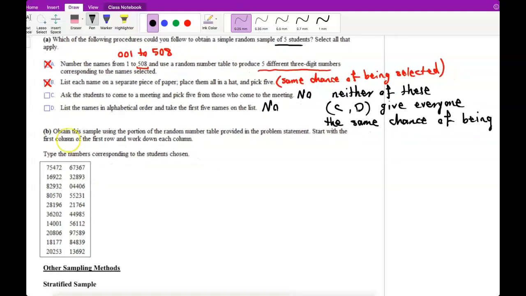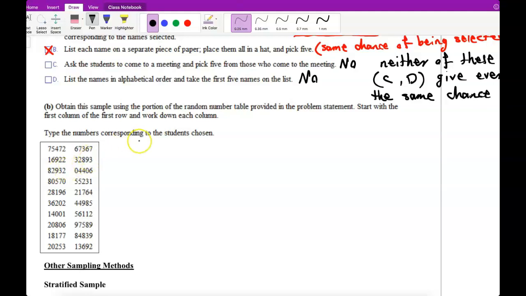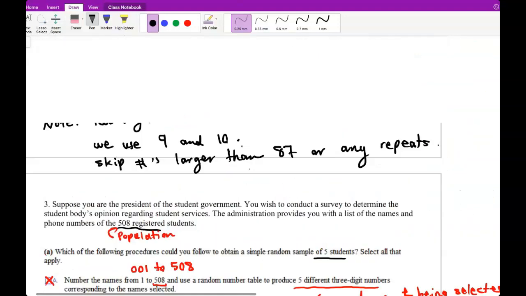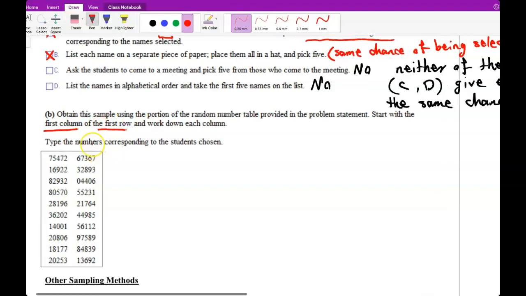Okay, part B. Obtain the sample using the portion of random number table. So here again we have this table. Same as what we had on the previous page, example number 2. Okay, the random number table provided in the problem statement. Start with the first column of the first row.